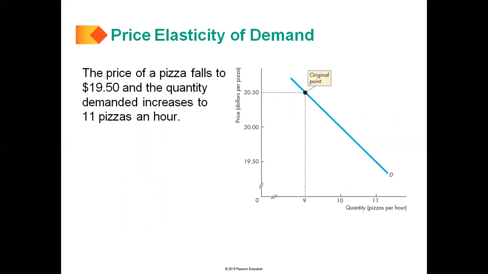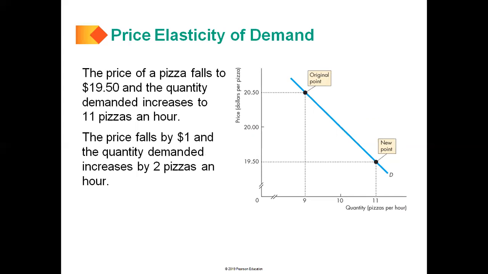So we want to know whether or not this pizza has an elastic or inelastic demand curve, at least for this part of the curve. So we know that it falls to 1950, and people decide instead of 9, now they'll buy 11. Okay? Everybody see how the price went down $1 and the quantity demanded went up by 2 pizzas per hour.